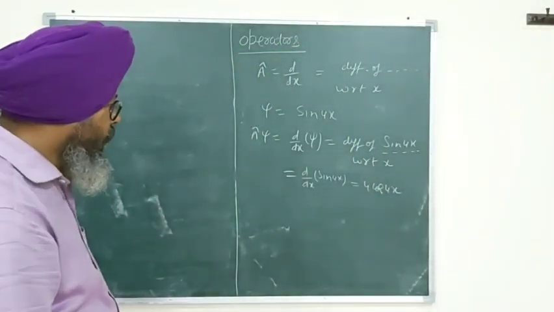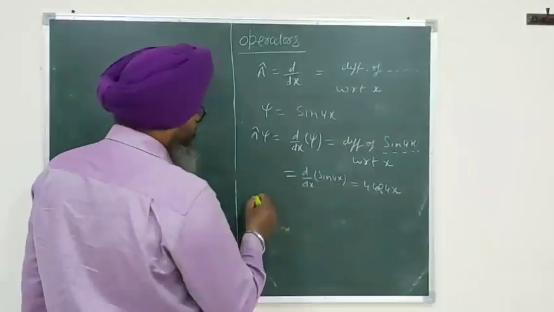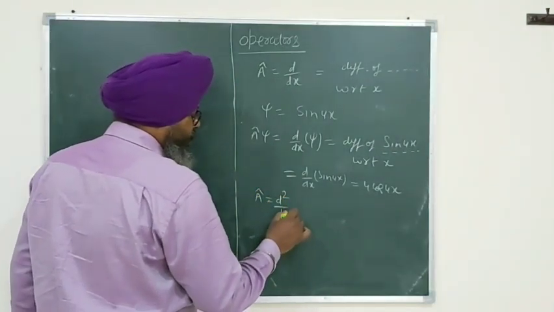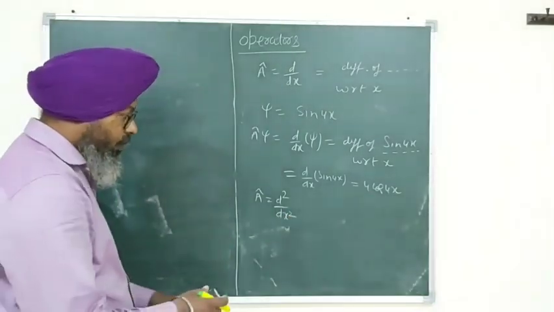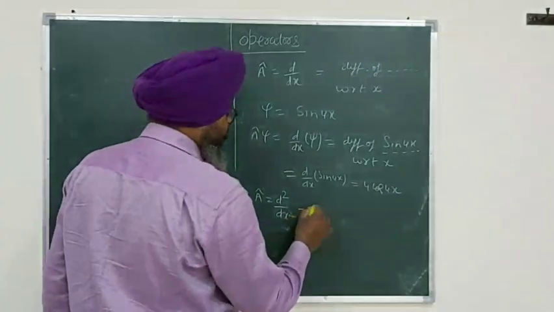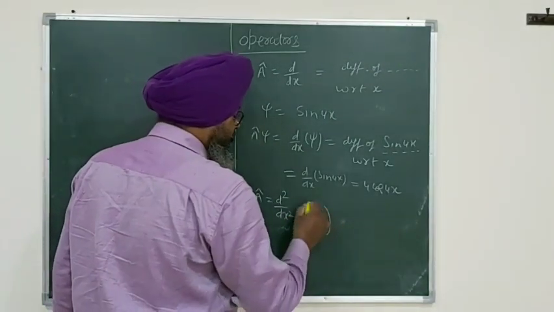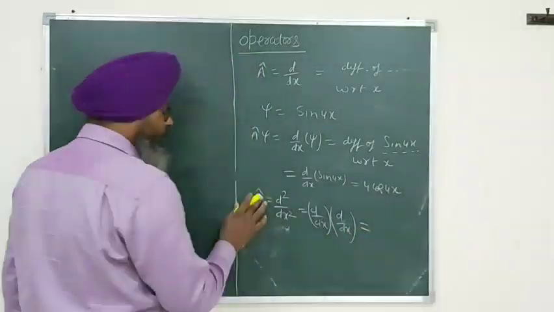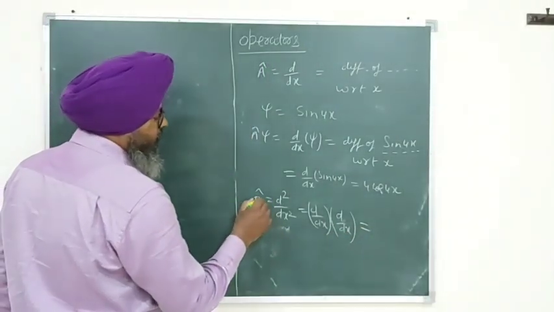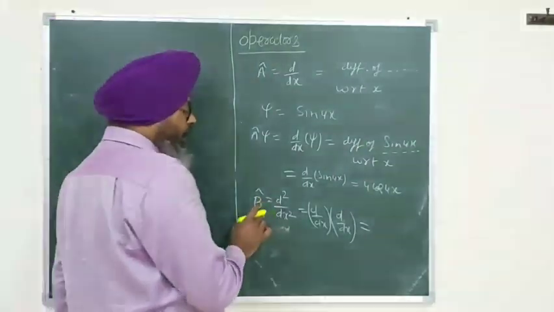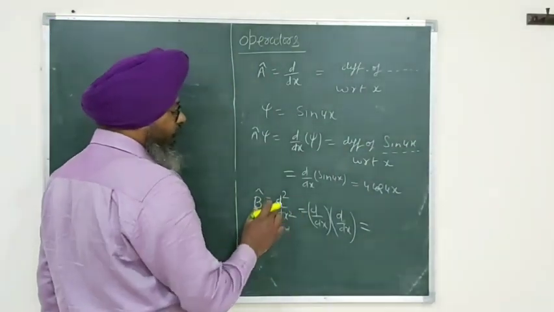Is it okay? Now let us take a cap equal to d2 upon dx2. Now this is a very interesting property of operators, that it is d by dx multiplied with d by dx. Let us say this operator is b cap. So this b cap is the second order derivative.